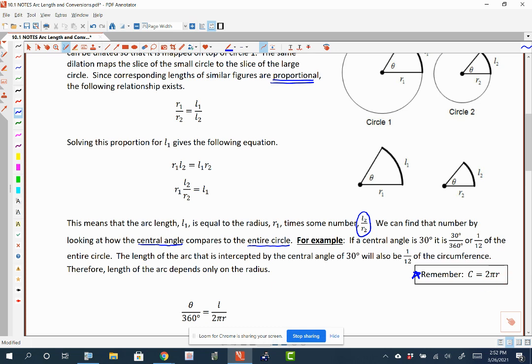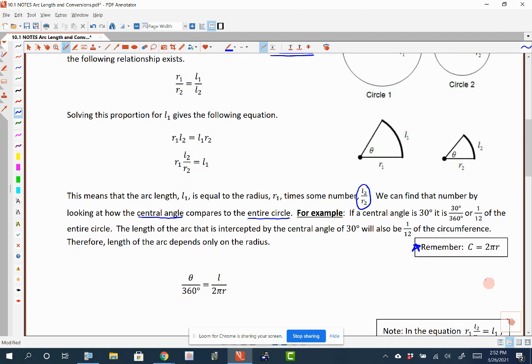So therefore, we can set up some proportions here. We're going to compare our central angle. So let's label here a little bit. Theta is our central angle. So we need to compare our central angle to our entire circle, that 360 degrees for that circle.